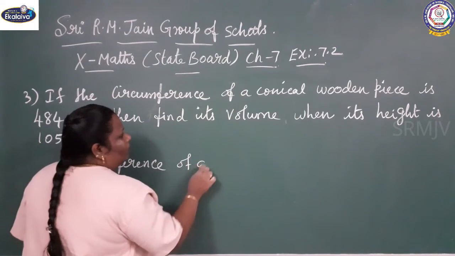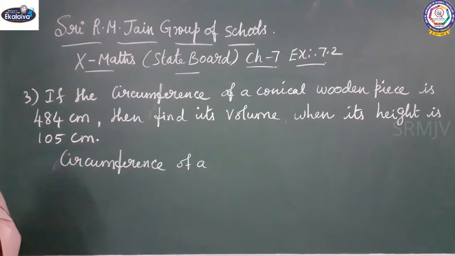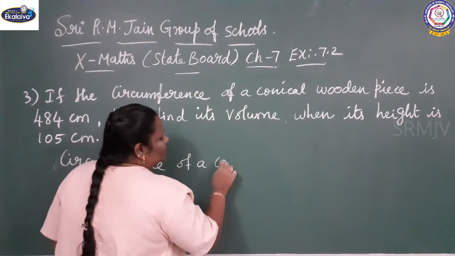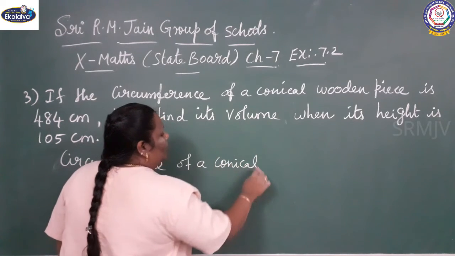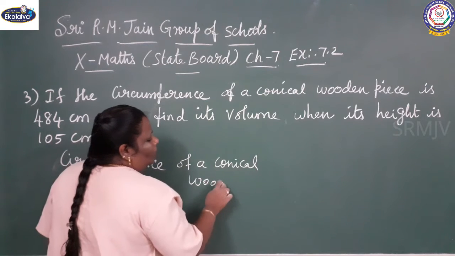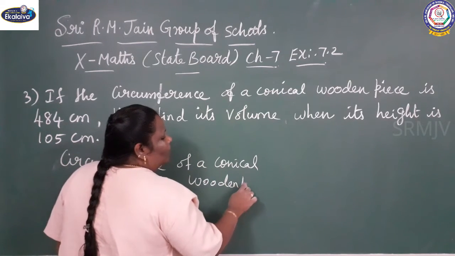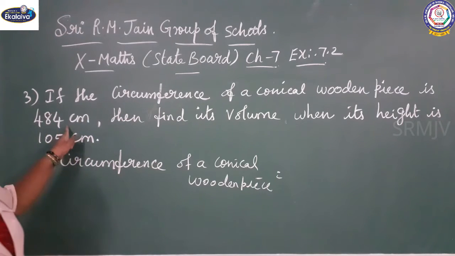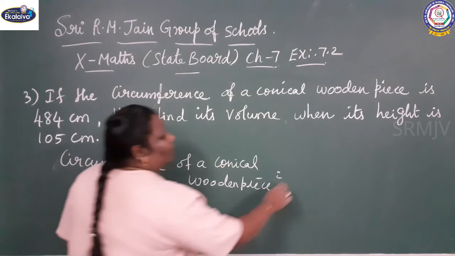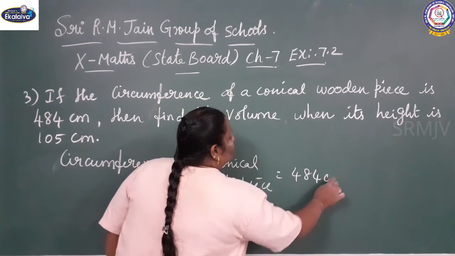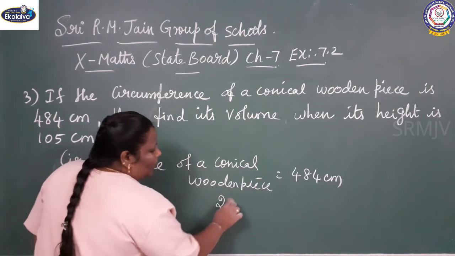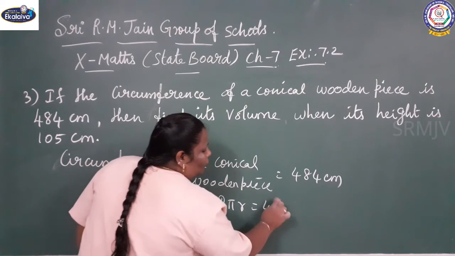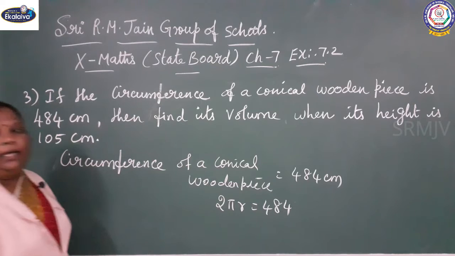Circumference of the conical wooden piece, what is the value they are given? 484 centimeter. That is 2 pi r equal to 484 centimeter.